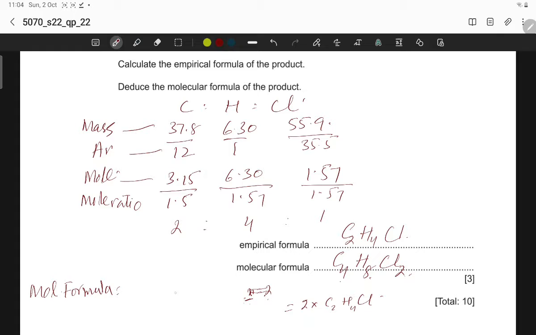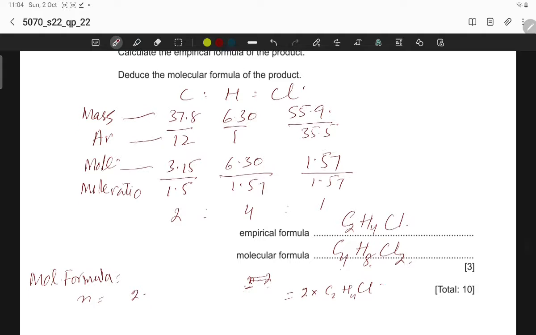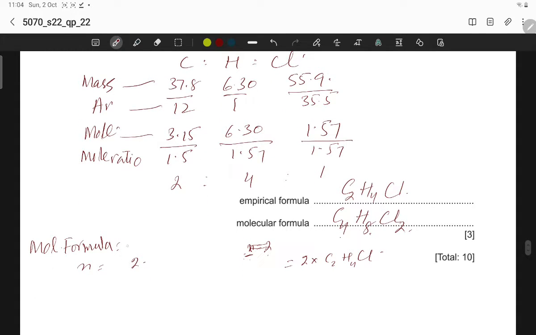So for example, n is equal to 2. For the molecular formula, we know that n is multiplied by the empirical formula.